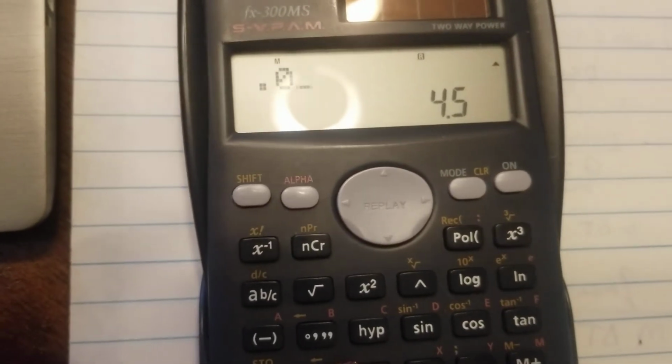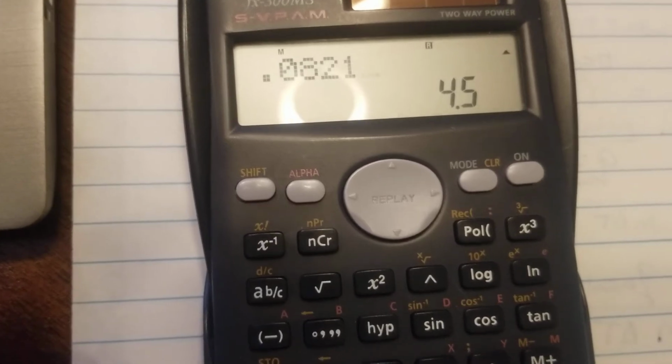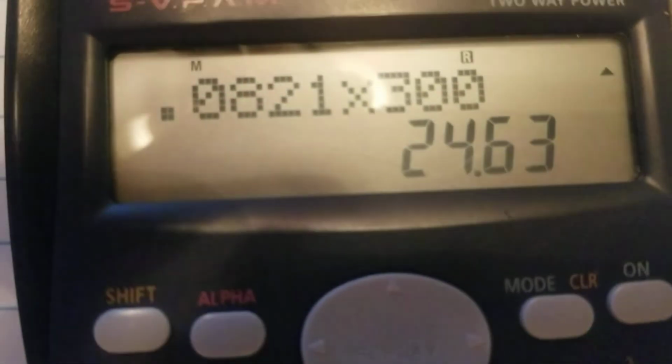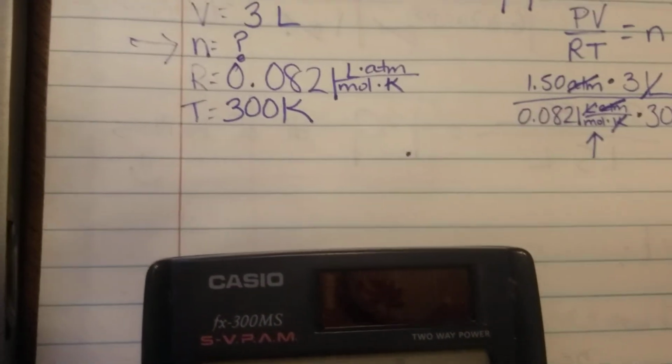And in the bottom, 0.0821 times 300. What does that give us? 24.63.